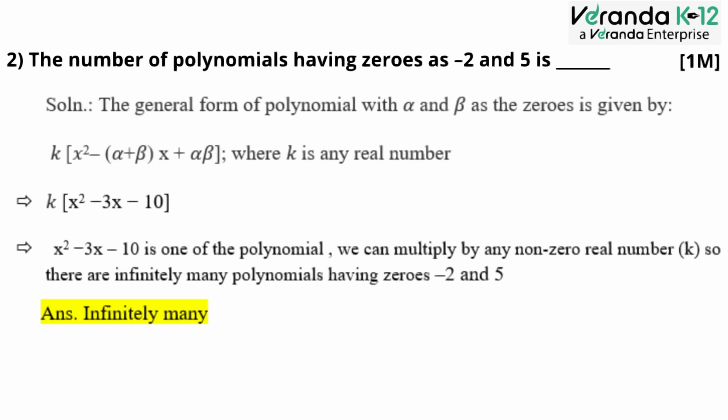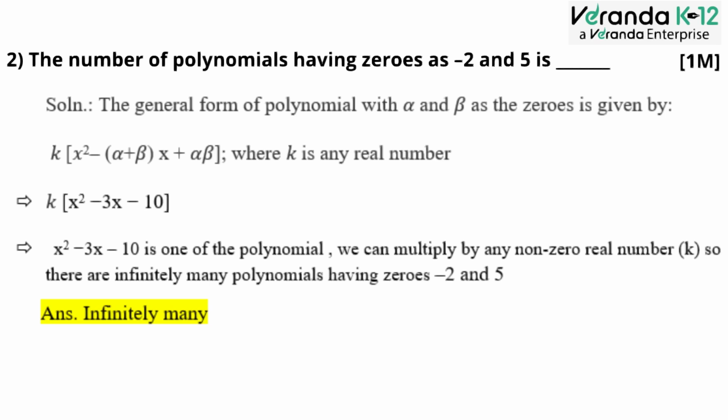As the general form of the polynomial with alpha and beta as the zeros is given by k times x square minus alpha plus beta times x plus alpha beta, where k is any real number. Therefore, adding the zeros and finding the product of the zeros, we get one of the polynomials as x square minus 3x minus 10.